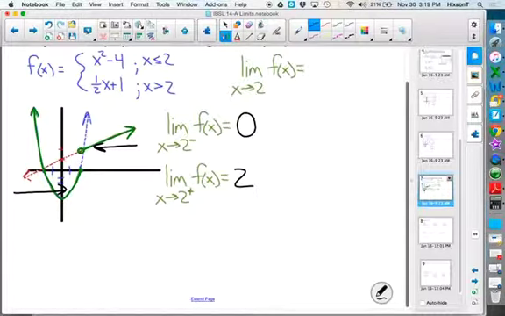What do you think? Okay? We're actually not going to have a limit. The limit, we would say, does not exist.